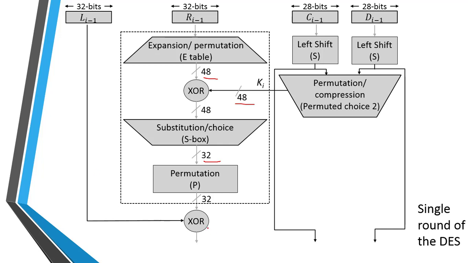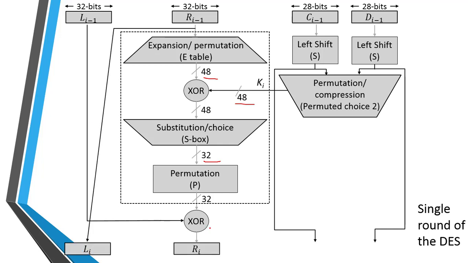So we get an output of 32 bits, which is the right half for round 2, and the right half of round 1 is considered as the left half of round 2. So this is the single round of DES.